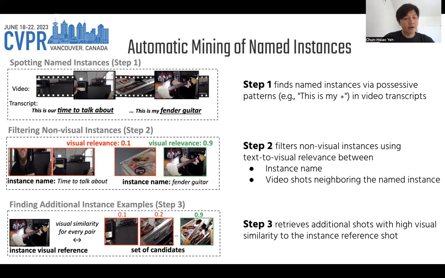Whereas "This is my Fender guitar" is a visual instance as it has high similarity. Finally, in step three, we recover additional video shots where the instance appears. We retrieve shots with a high visual similarity to the reference shots. In this way, we collect personal instances without the need for human annotations.